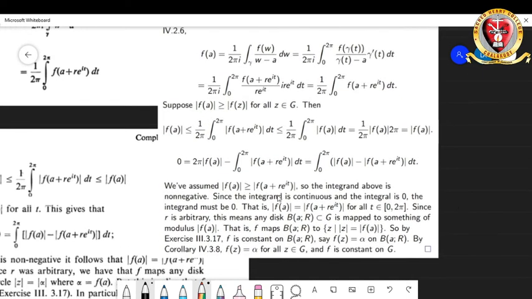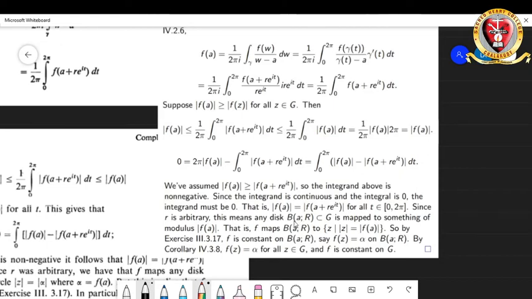We have assumed this, right? So the integrand, the term sitting here, will be a non-negative quantity, and we are integrating it, and when we integrate, we get 0. That means the integrand has to be 0. We have no other choice. So that means modulus of f of a is equal to modulus of f of a plus r e raised to i t for every t belonging to the closed interval 0 to 2 pi, and we have chosen r, small r, to be arbitrary.